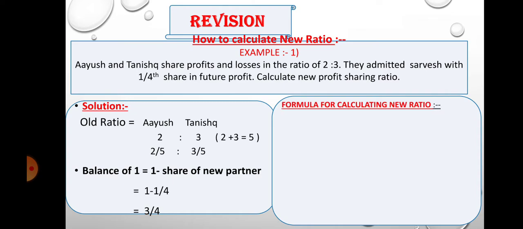Then the formula for calculating new ratio: new ratio is equal to old ratio into balance of 1.